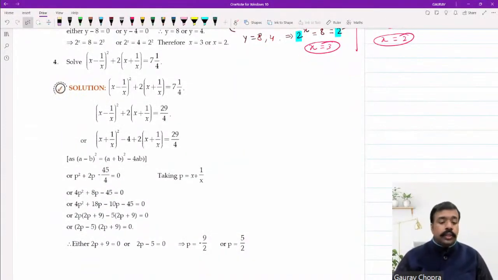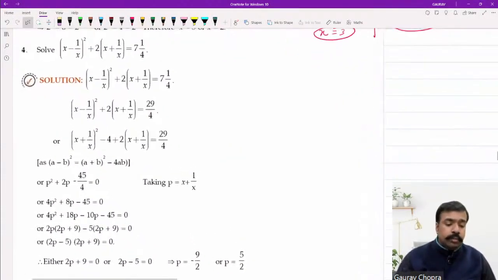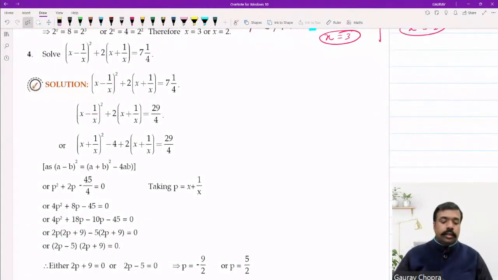Now similarly we can try question number 4 as well. You can see what is given in the fourth one: x minus 1 by x whole square plus 2 times x plus 1 by x is equal to 7 1/4.